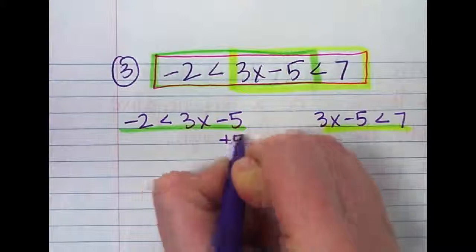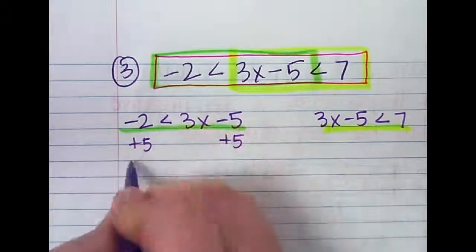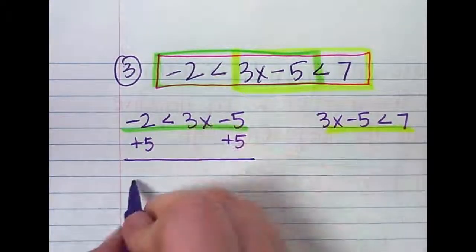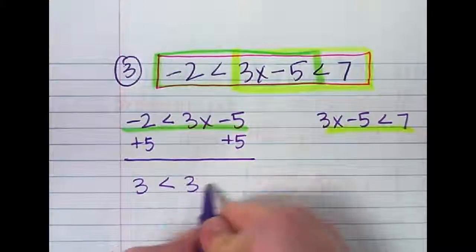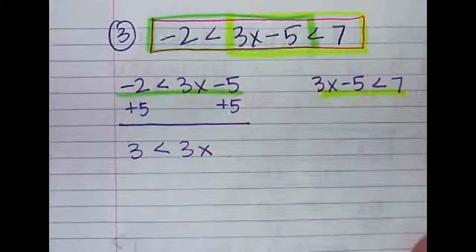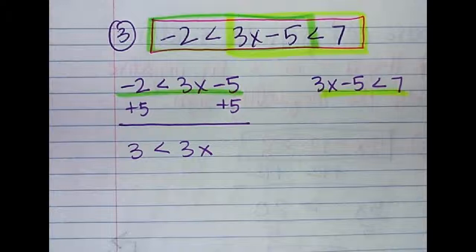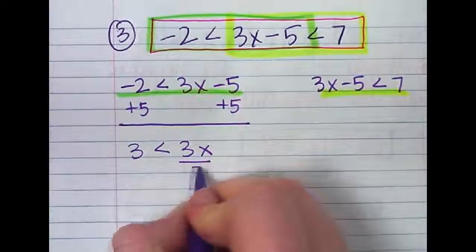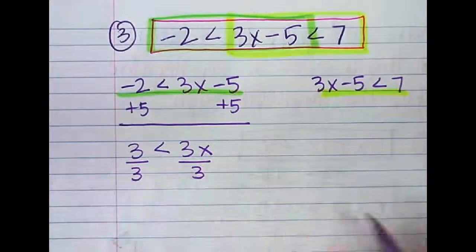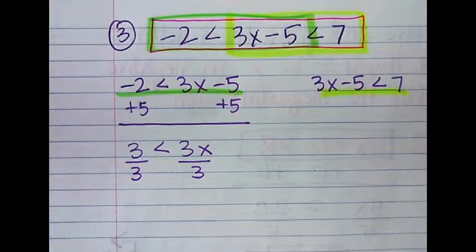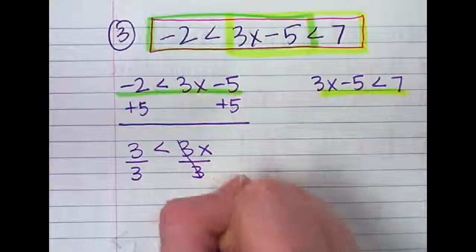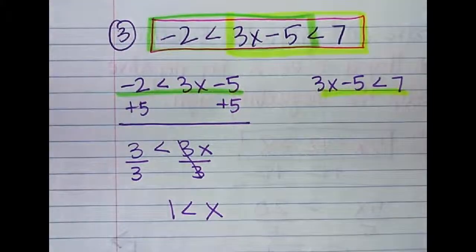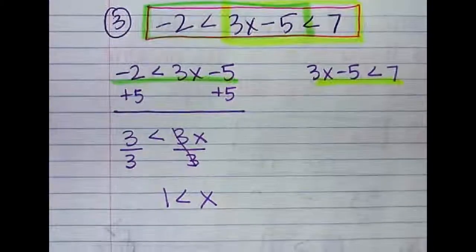So I add 5 to get x by itself. 3 is less than 3x. And divide by 3. So 1 is less than x. So that's half my answer.